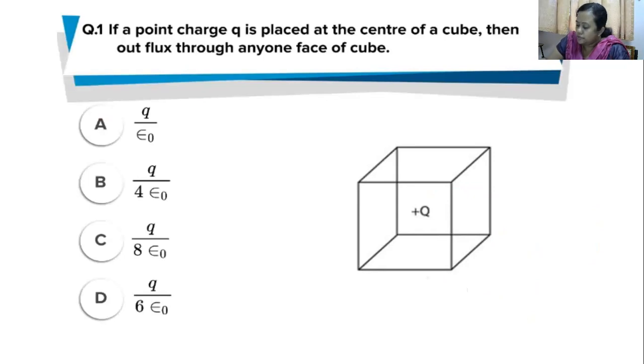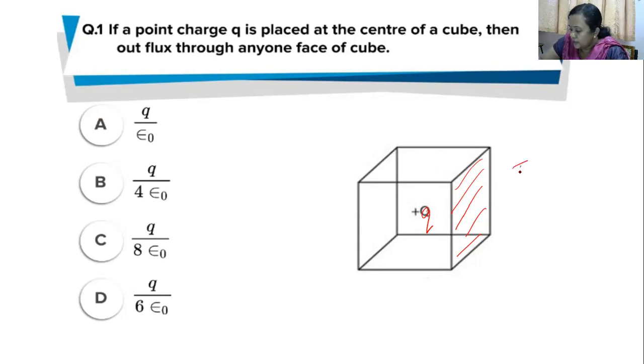Okay, we have to find out the flux coming out of any one face of this cube. This is the cube we have considered, and a charge plus Q is placed inside this cube, and some flux is coming out of this cube. We have to find out the flux coming out of any one of the faces.